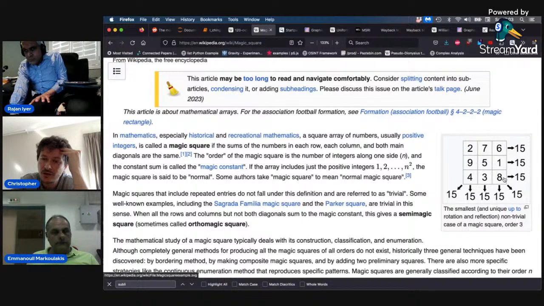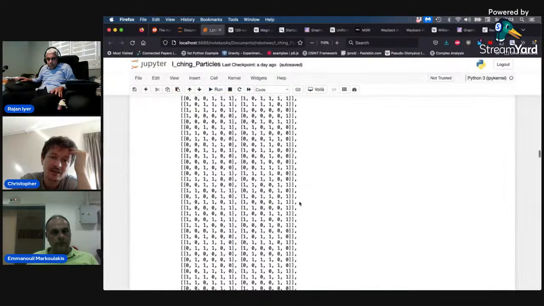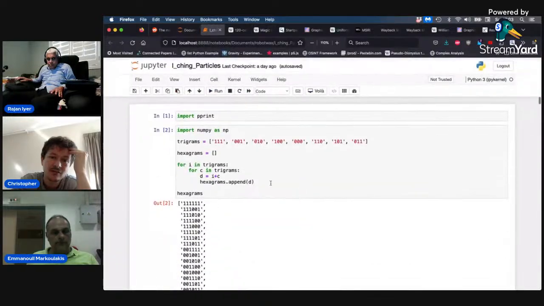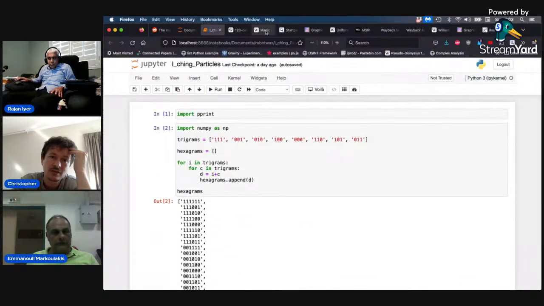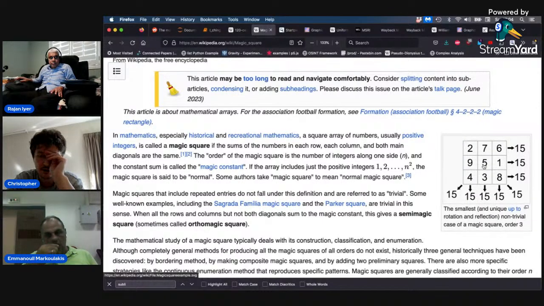Now, go back here, there's 8 trigrams. These 8 trigrams correspond to these 8 squares here, and then the 5th one is in the center, and you can create all of the reflections and all the different transformations of this that still all sum to 15, and the number 5 will always remain in the center.